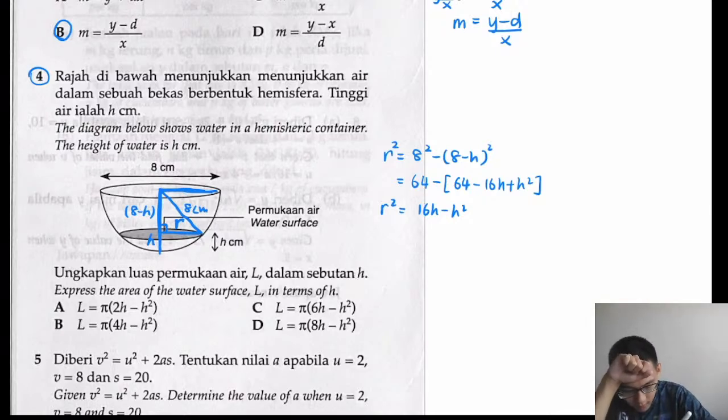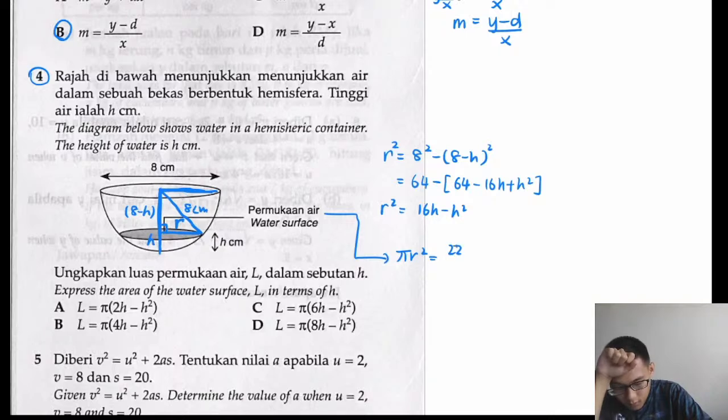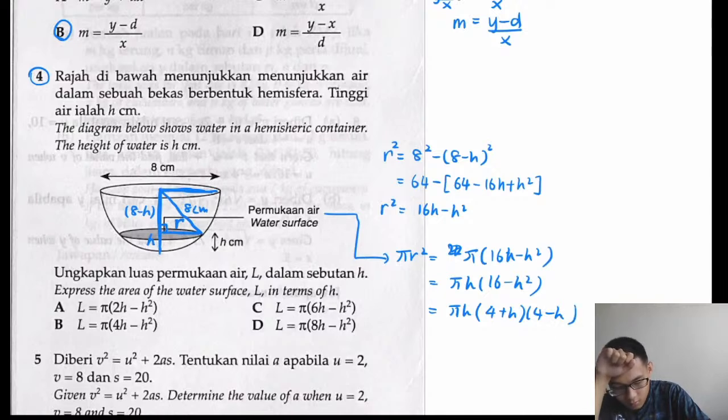So when you find out, the water surface is pi r squared, where r squared is 16h minus h squared. So we can simplify it, and this one we also can take the factor 4 plus h, 4 minus h.